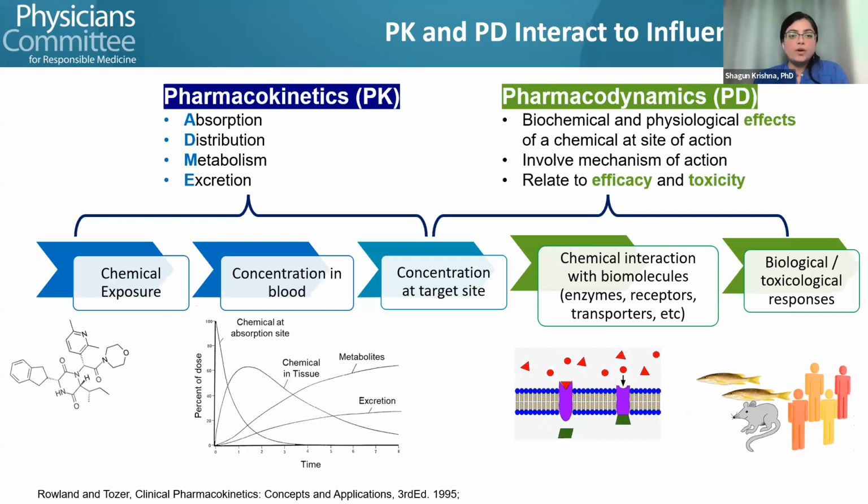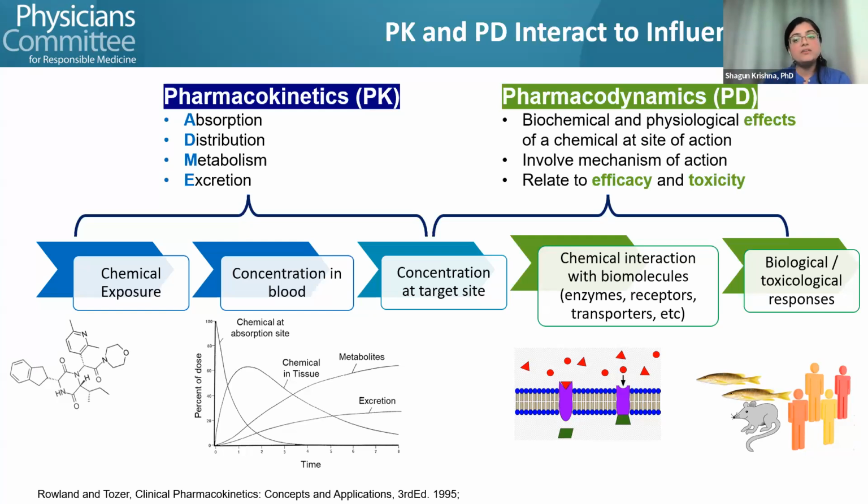Again, let's understand more about how PK and PD interact to influence the toxicity of any chemical. To understand how a chemical impacts human health, it's really essential that we look at both PK and PD parameters. As I mentioned, PK covers how a chemical moves through the body: its absorption, distribution, metabolism, and excretion.